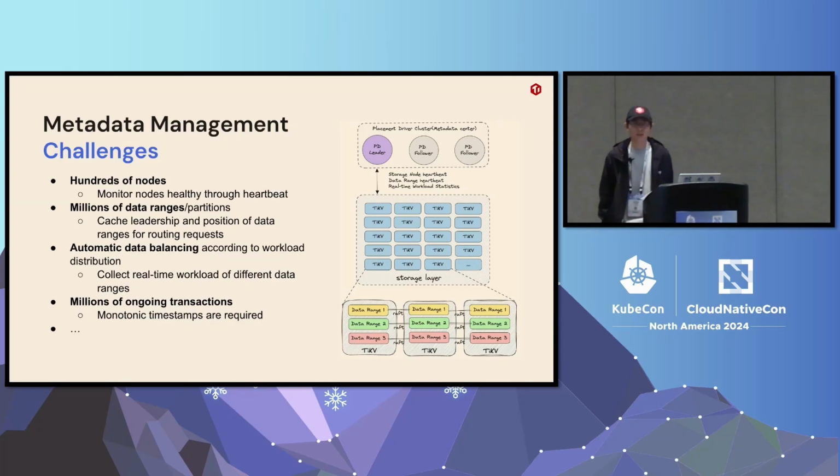Is it possible for there to be multiple leaders? Right now, it's a single raft group, and we are working on offloading the data into the TiKV part, which can reuse a multi-raft architecture. This can further scale the metadata center. Cool, thank you. Thank you for your question.